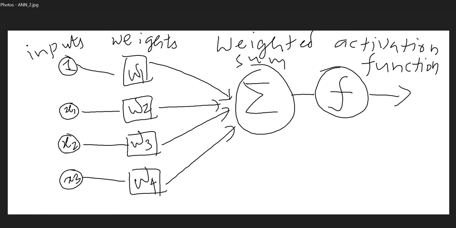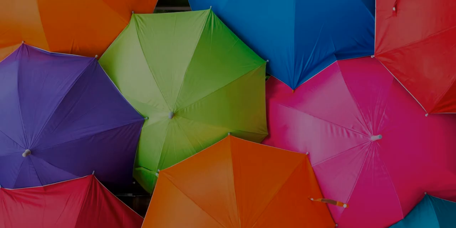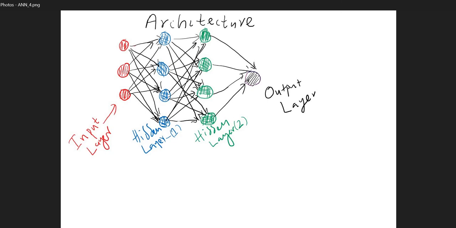Weights mean the black arrows. For example, in this figure, the first blue node gets different inputs from the red nodes, and at the same time the black arrows give the weights for this blue node.